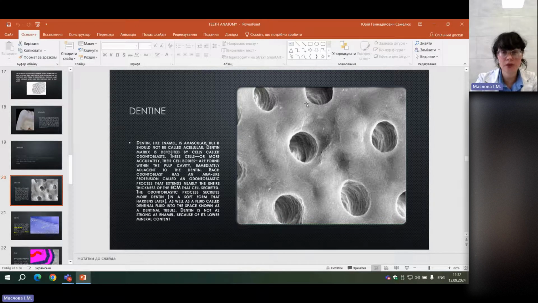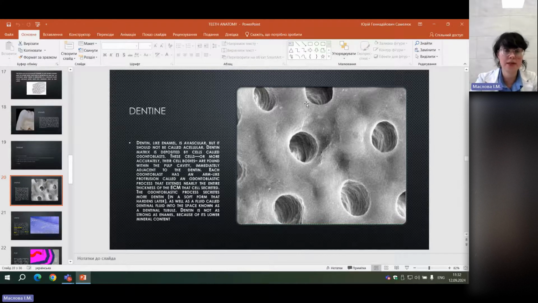Dentine, like enamel, is avascular, but it should not be called acellular. Dentine matrix is deposited by cells called odontoblasts. These cells, or more accurately their cell bodies, are found within the pulp cavity immediately adjacent to the dentine.